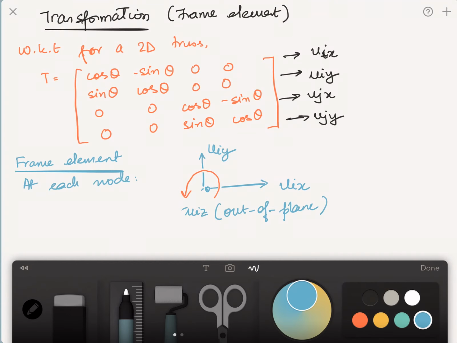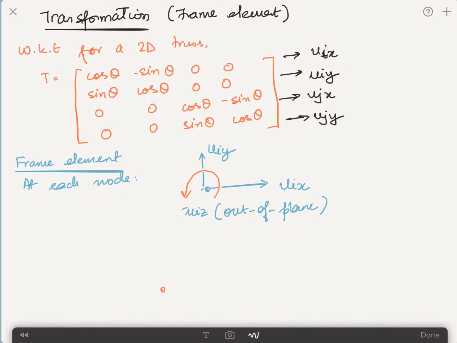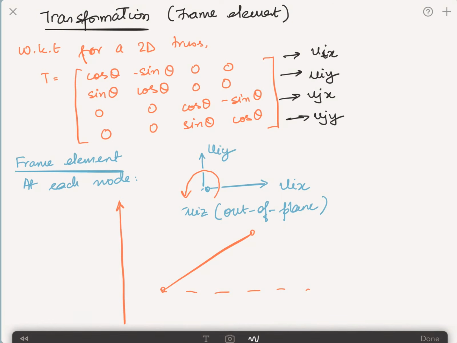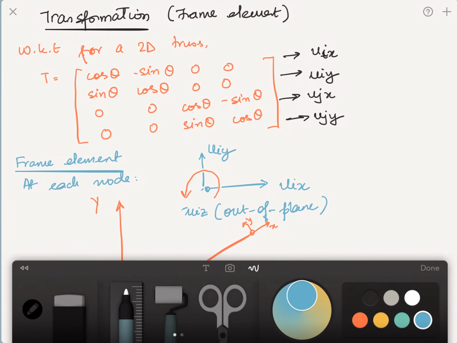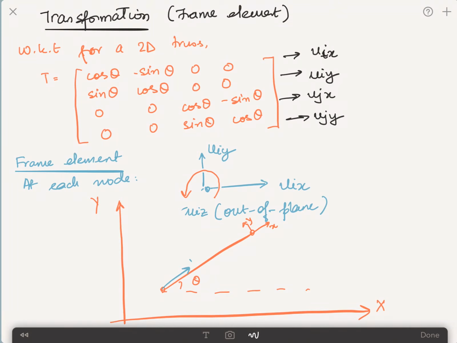So if you look at the transformations, let me draw this out again. If I have a certain element lying in space at a certain angle theta with respect to a global axis xy, where its local axis is xy, then UIX and UIY are rotated by a certain angle.